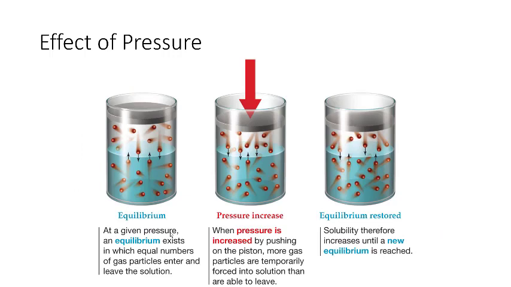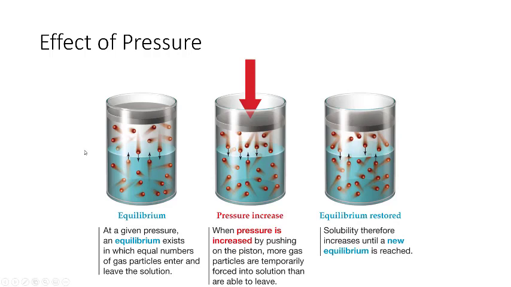We can also see that the pressure that you apply to a closed system affects solubility as well. We talked about the vapor pressure as being an equilibrium between the amount of material that's in the gas phase versus the amount of material that is in the liquid phase. There's an equilibrium at every given temperature between the gas phase and the liquid phase. That vapor pressure has an equilibrium at a given external pressure.